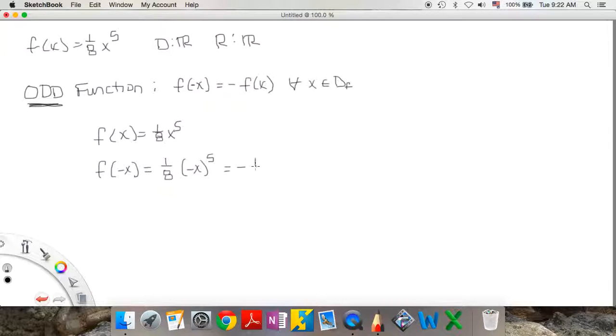So we can just put the negative sign out front, which makes it equal to, see here, we've got 1/8 x to the 5th is f of x. So this is negative f of x. So we have f of negative x is equal to negative f of x, which means that it is an odd function. So the way you test even or odd is plug this negative x in and see what happens. And like I said, it can be even, it can be odd, it can be neither.